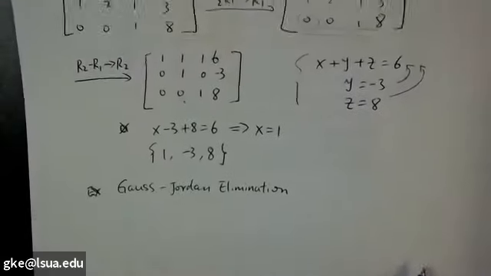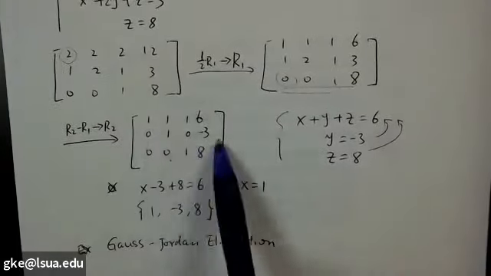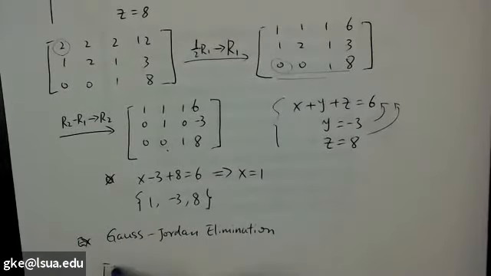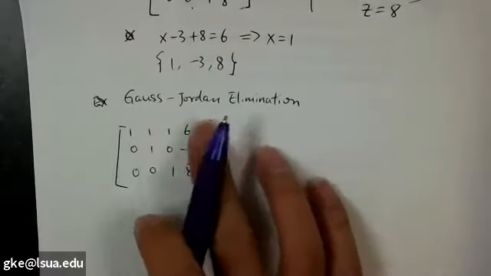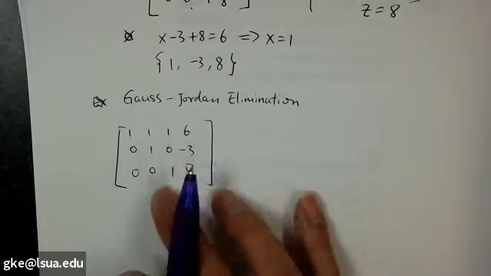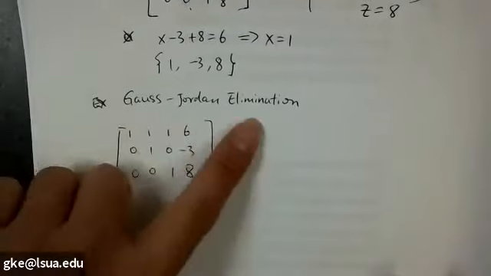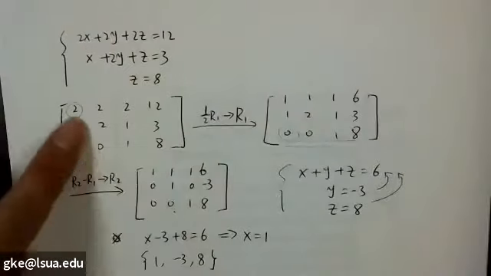We already did the Gaussian elimination for this matrix, and it boils down to this matrix: 1, 1, 1, 6; 0, 1, 0, -3; 0, 0, 1, 8.